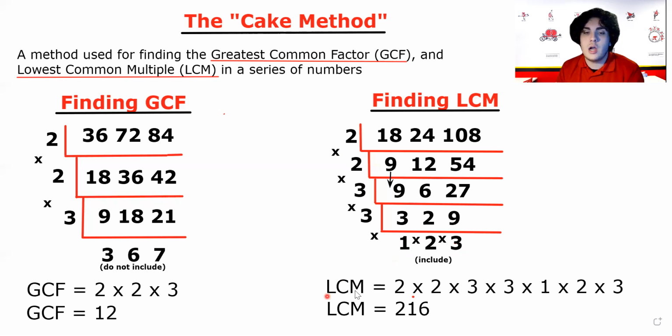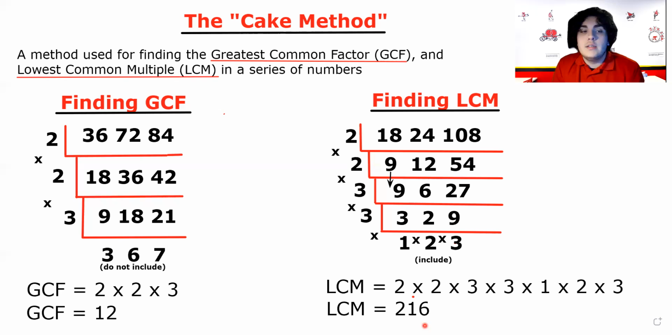In this case, the lowest common multiple is 2 times 2 times 3 times 3 times 1 times 2 times 3. And if you were to solve that, it would give you the answer of 216. Now, 216, that is the lowest common multiple between 18, 24, and 108.